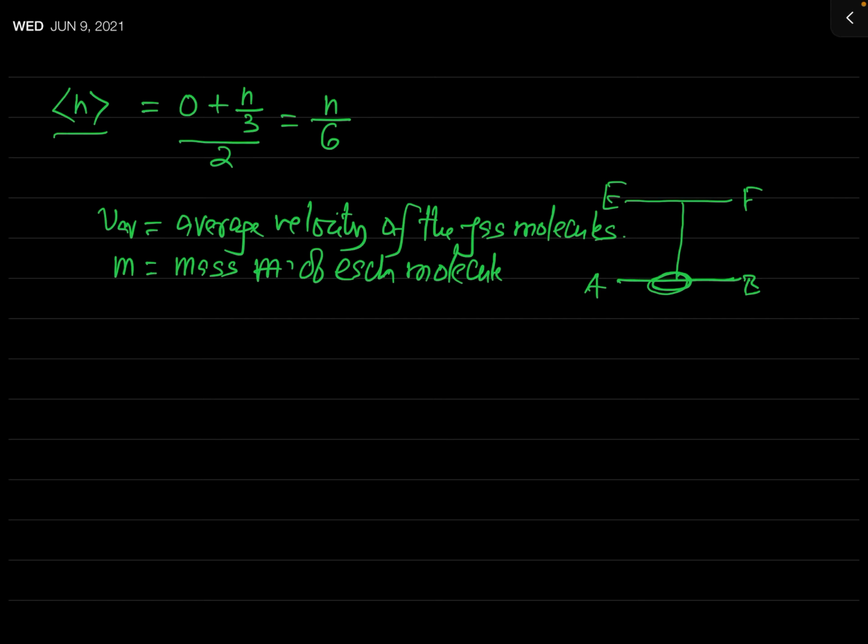You may take any area, say A. So the figure which I am drawing here denotes the unit area of this layer AB, and we are considering that molecules from the layer EF are moving in the downward direction through this unit area.